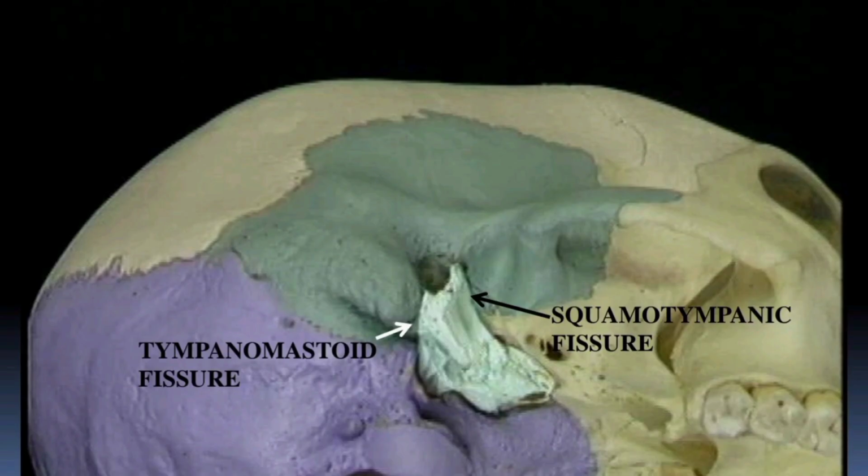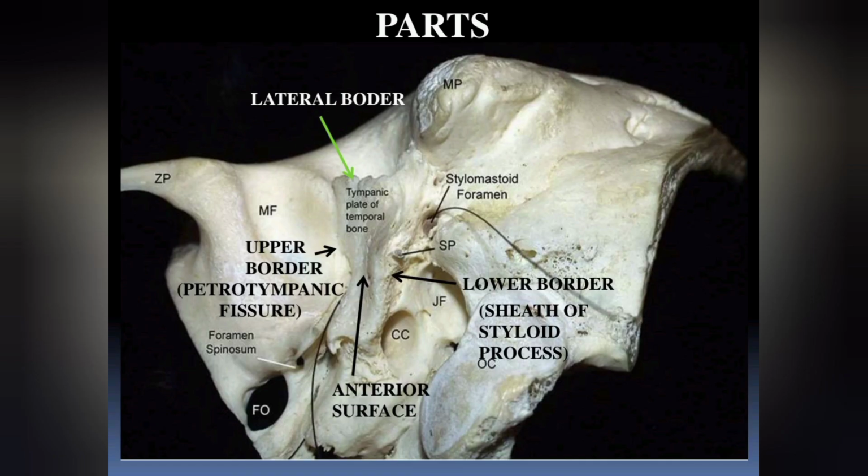Tympanic part is a thin plate of bone located in between the squamotympanic fissure and the tympanomastoid fissure. Tympanic part has two surfaces, anterior and posterior, and three borders, upper border, lower border, and lateral border. Lateral border forms the margin of external acoustic meatus.